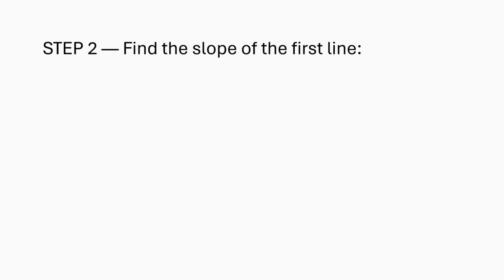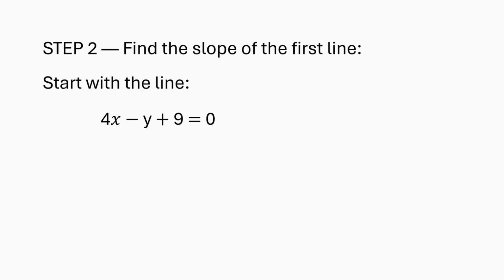Step 2. Find the slope of the first line. Start with the line 4x - y + 9 = 0.